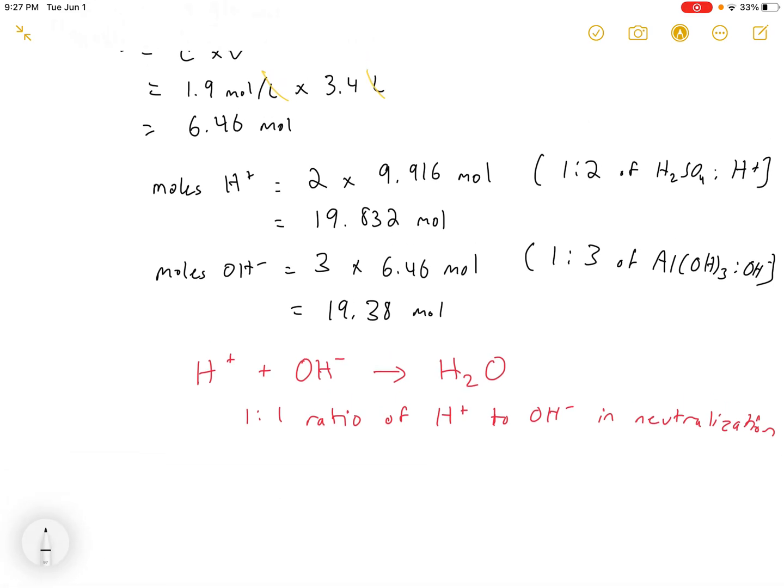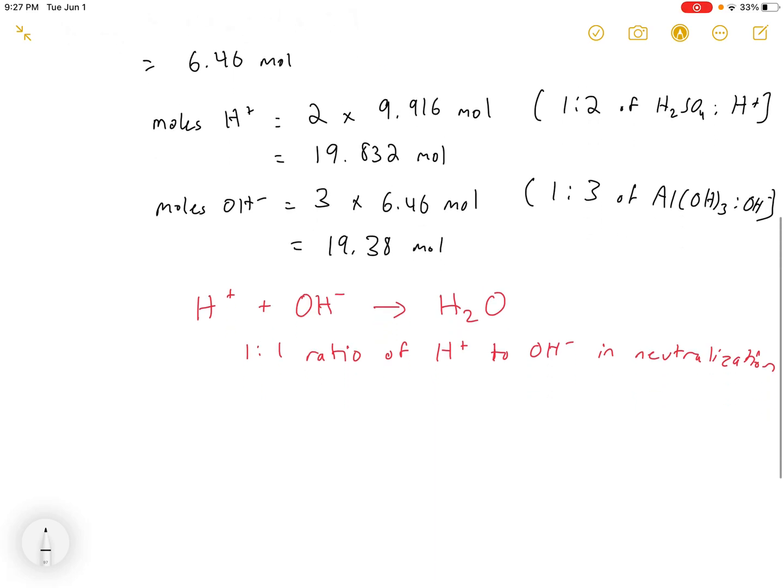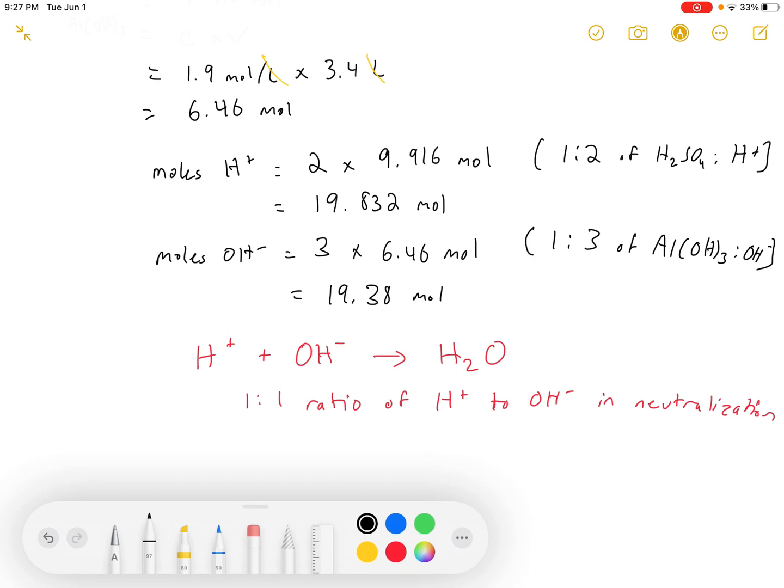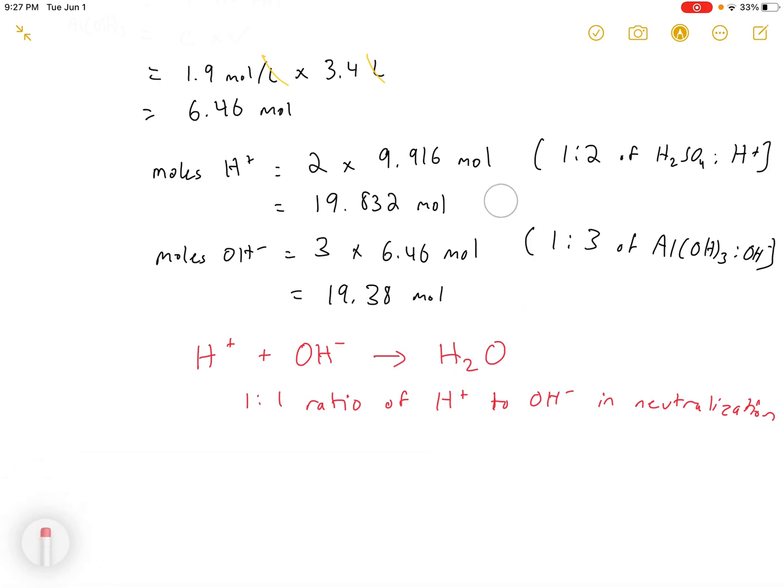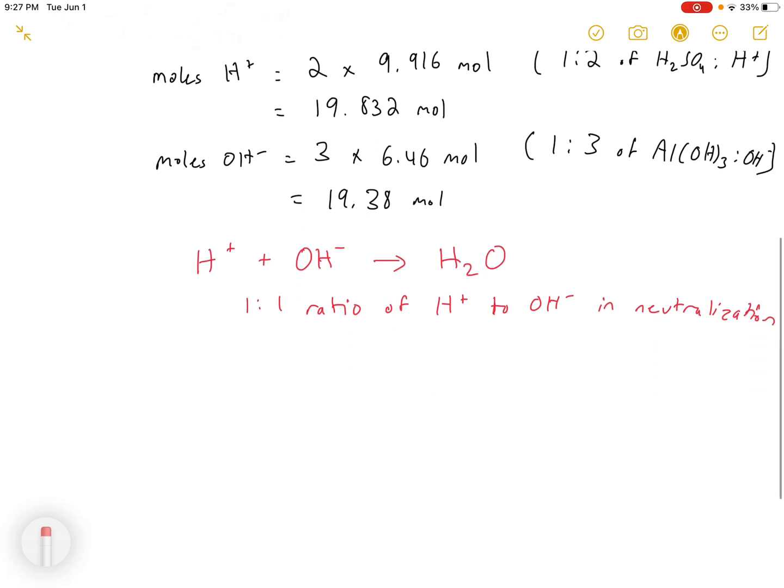Once again, this becomes a little bit of a limiting problem. We can already see that there are more moles of H plus than OH minus, so there's going to be a surplus of hydrogen ions.